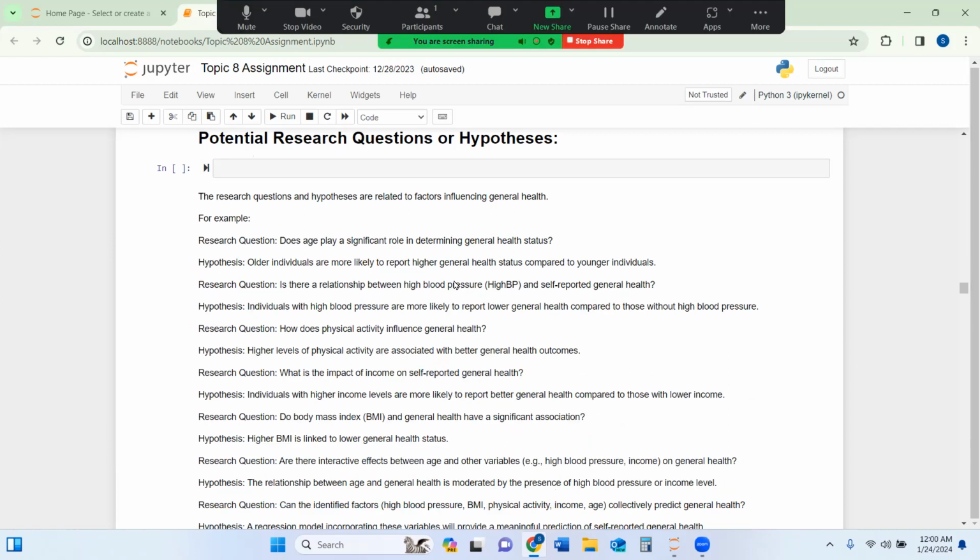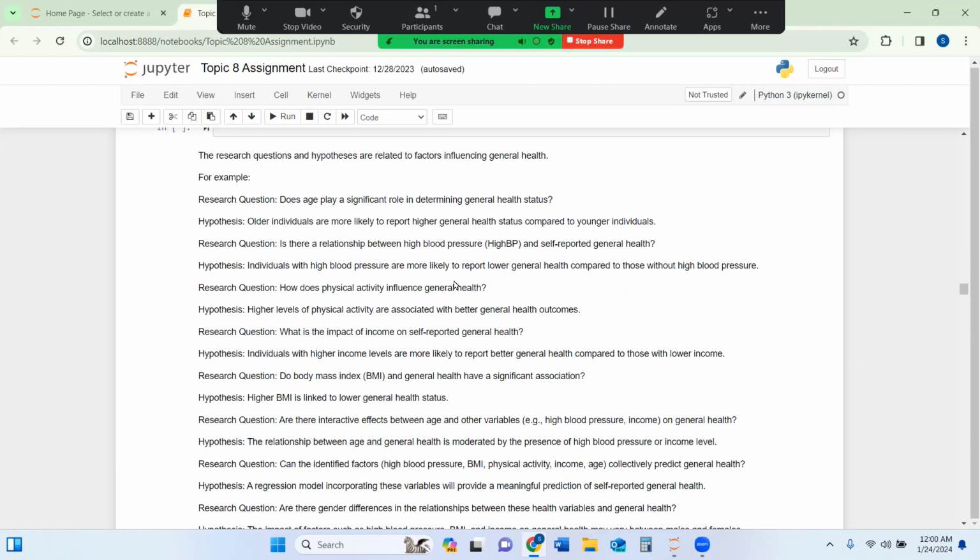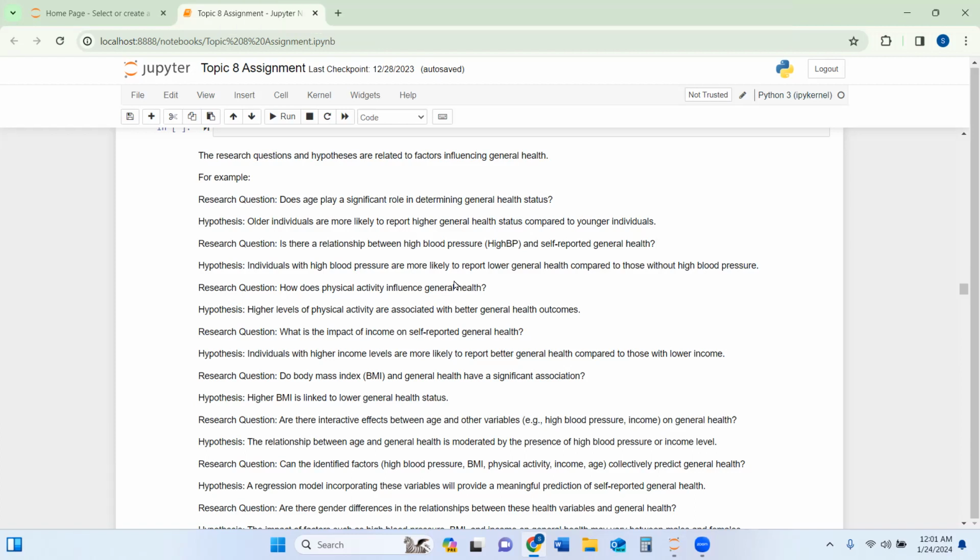Another question could be, is there a relationship between high blood pressure and self-reported general health? And the hypothesis would be individuals with high blood pressure are more likely to report lower general health compared to those without high blood pressure.